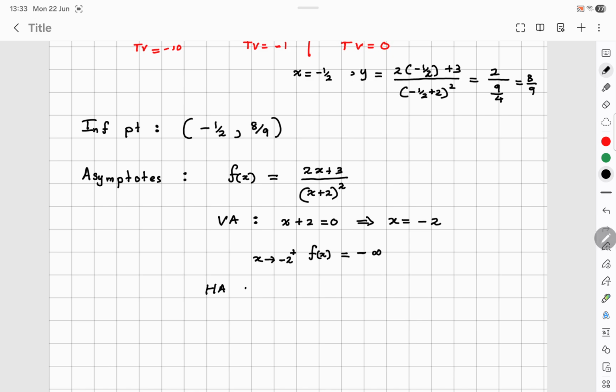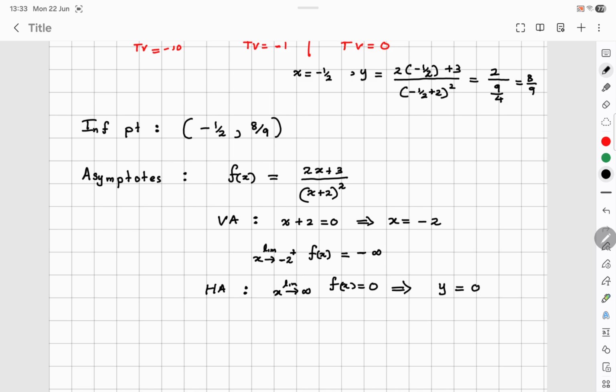For the horizontal asymptotes, what happens when x goes to infinity? What happens to this limit? When x goes to infinity, f(x) goes to 0, no? So your horizontal asymptote is y equals 0.